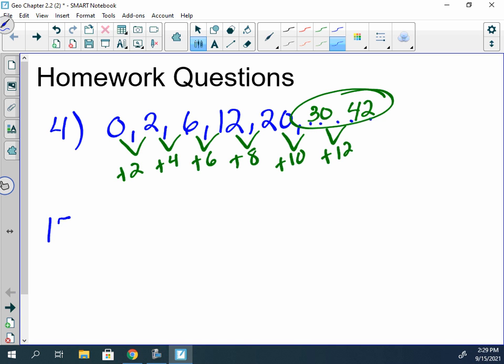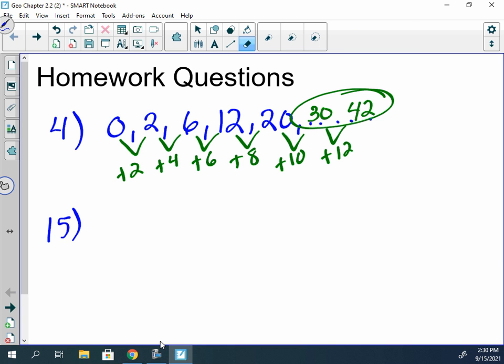And then I think there was a question on 15. 15 and 13. 13, 14, 15. The product of two positive numbers is always greater than either number.